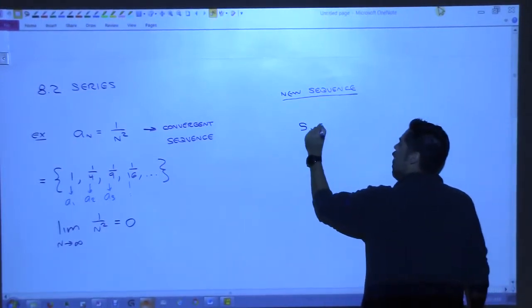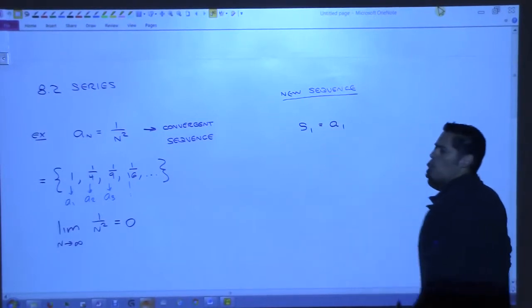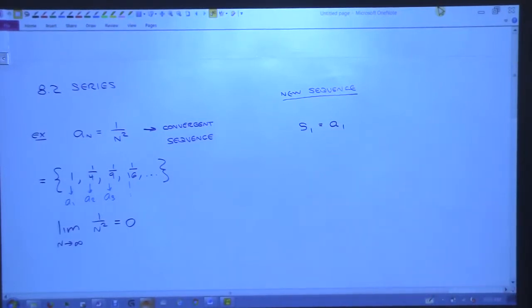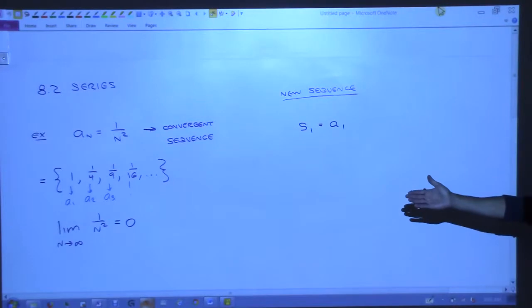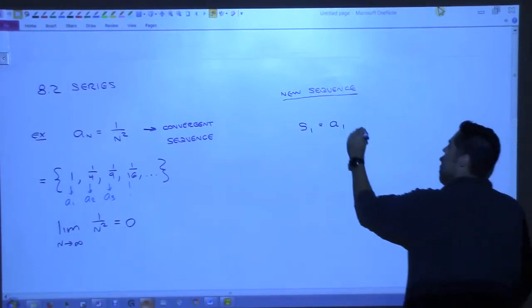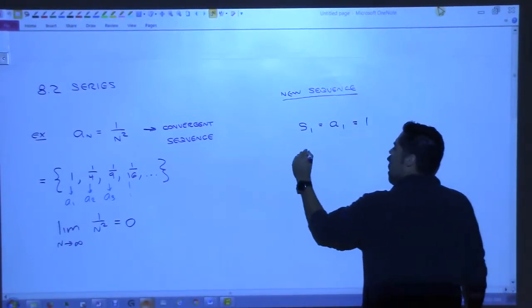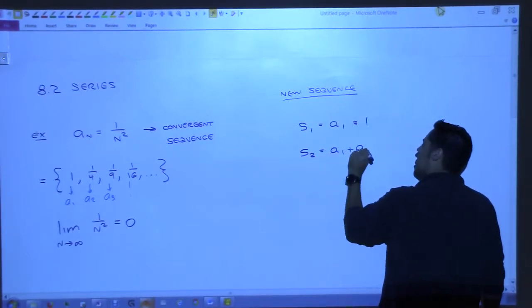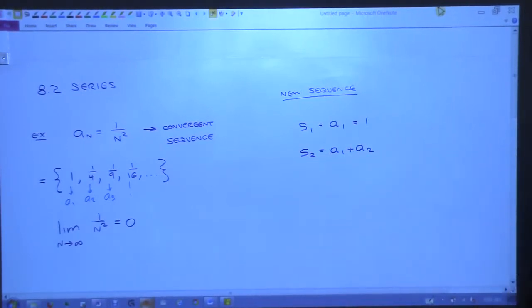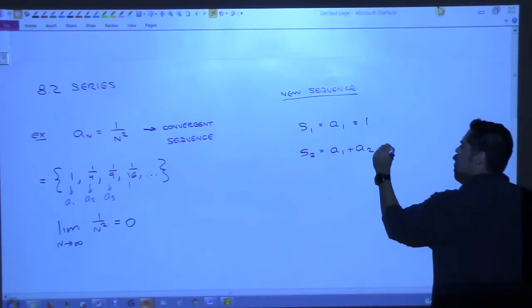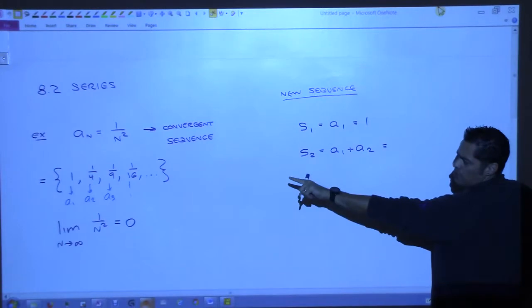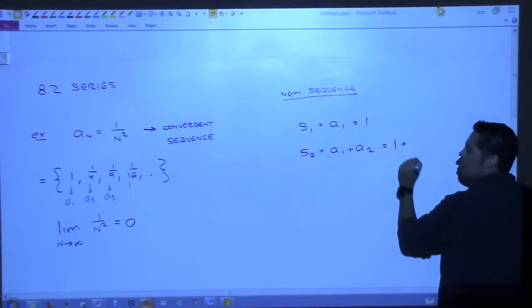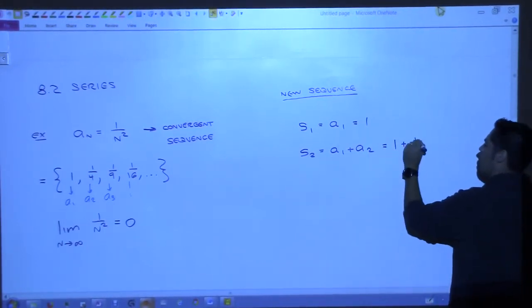The first number is just a sub 1, which would be what? 1, okay. Then I'm going to define S sub 2 to be a sub 1 plus a sub 2, which would mean I'm taking a sub 1, which is 1, and adding to it a sub 2, which was 1/4.